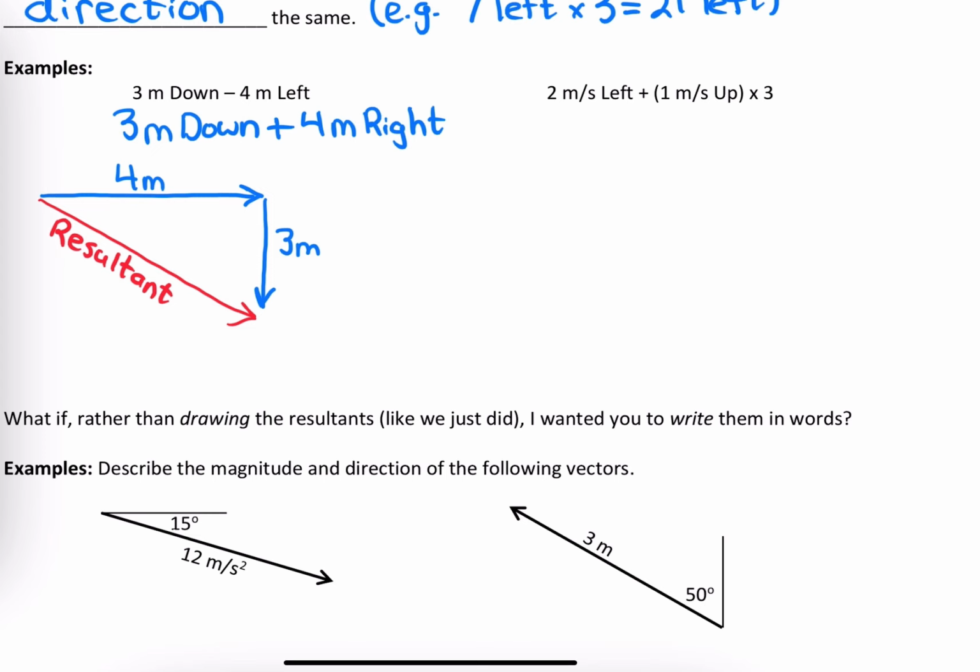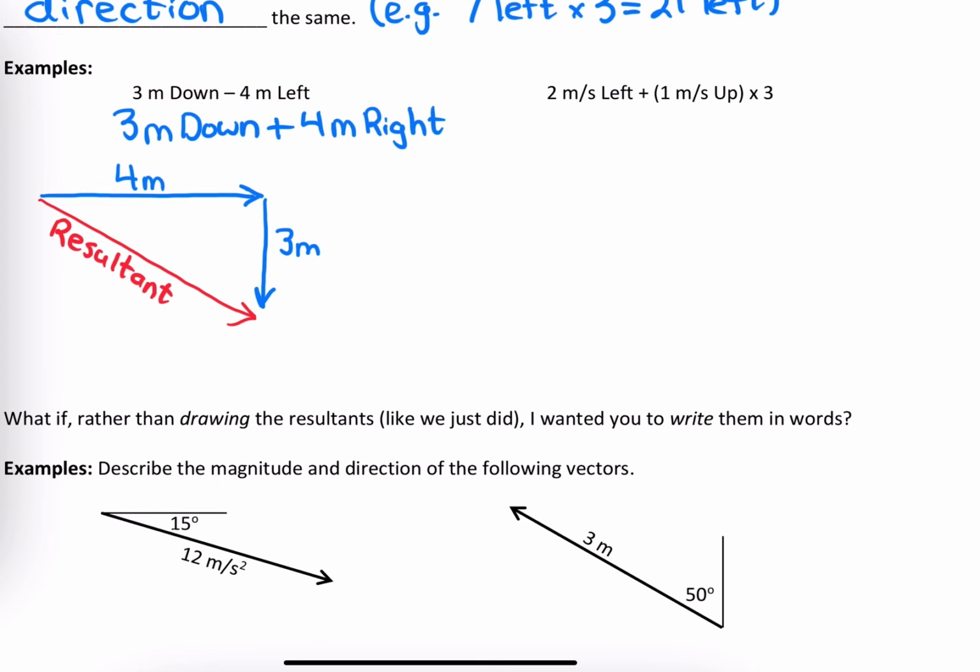Okay. Let's do one more example. 2 meters per second left plus 1 meter per second up times 3. Both of these questions have units in them. Don't really worry about the units. The idea is there are many different things that are vectors. Displacement is a vector, and these numbers likely represented a displacement.